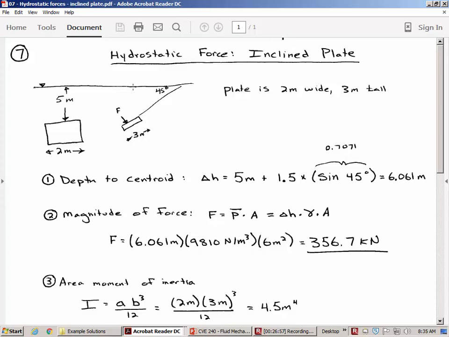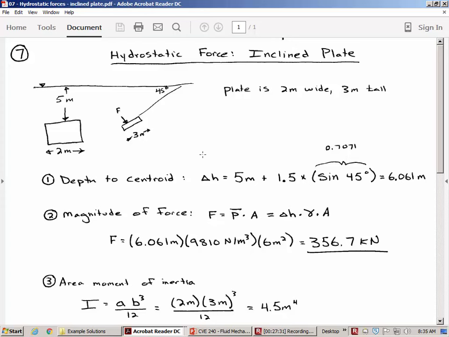And so it's going to be less than 1.5 meters, because if it was like this, then we'd add the 1.5 meters. But as we turn it, then less of that 1.5 meters is in the vertical direction. And so when we do the sine of 45 by 1.5, then that's 1.061 meters is the vertical component of that inclined plate. So depth of the centroid is still just straight to the surface, even though we have to find out, here's the inclined plate, but how much of that inclined plate is in the vertical direction?